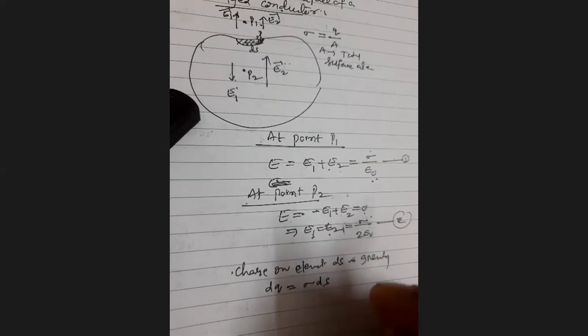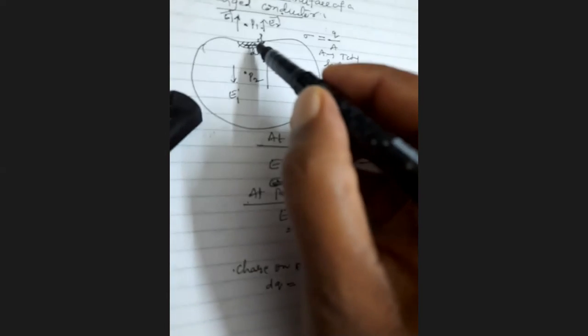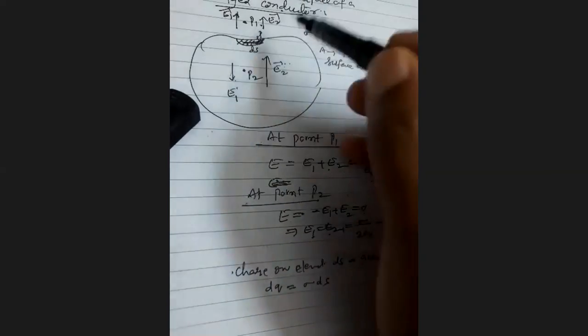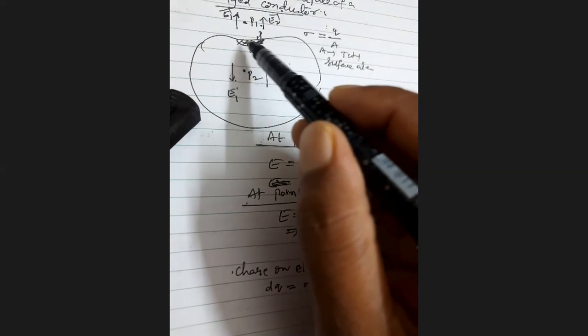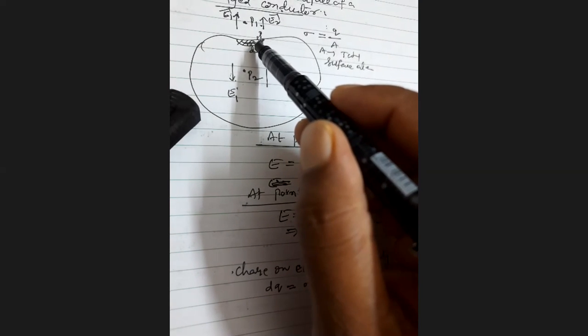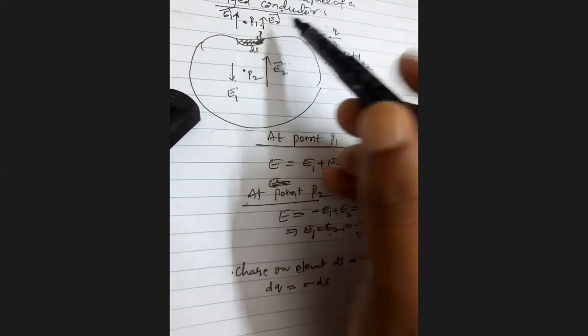So this small charge dq is placed in the electric field E2, we can assume that the charge on the surface element ds, dq, is placed in the electric field of strength E2.